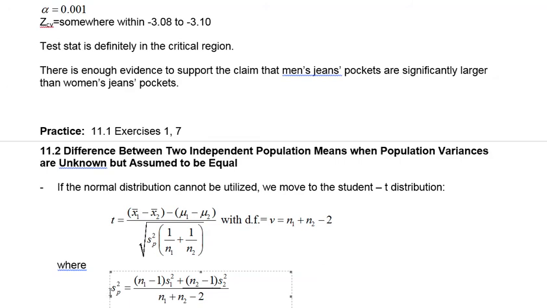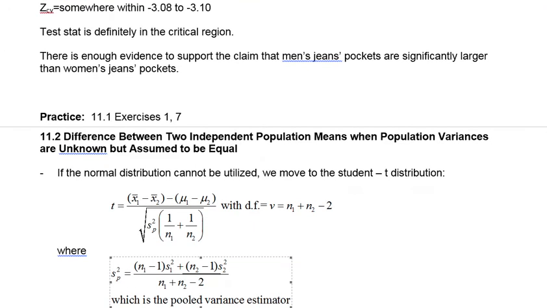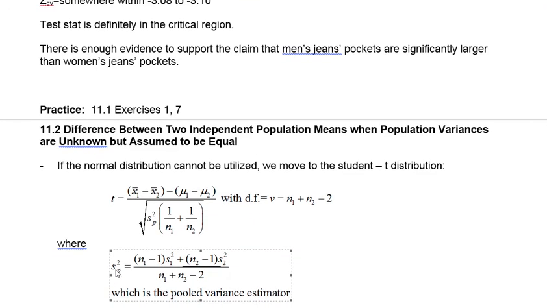So that sp squared stands for the pooled variance estimator. The p on the subscript there, remember s squared is variance, but the p is telling us it's the pooled variance. And it is an estimator because we are using a sample. We don't have the population.